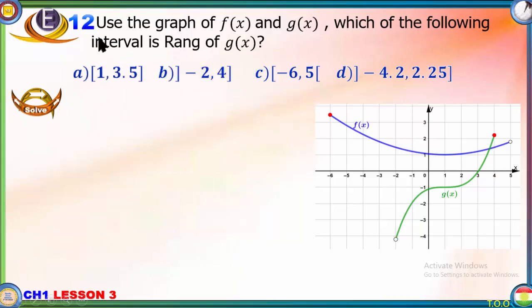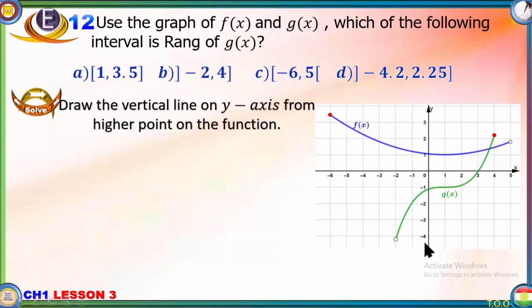Example number 12. Use the graph of f(x) and g(x). Which of the following intervals is the range of g(x)? Here, draw a horizontal line to the y-axis from the highest point on the function and read the value of y.